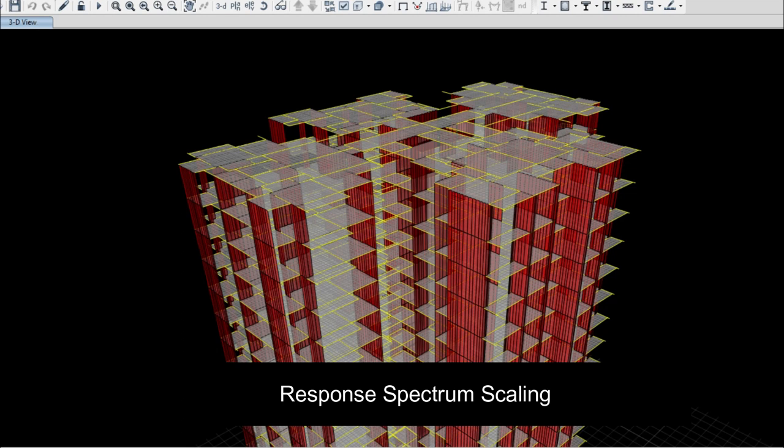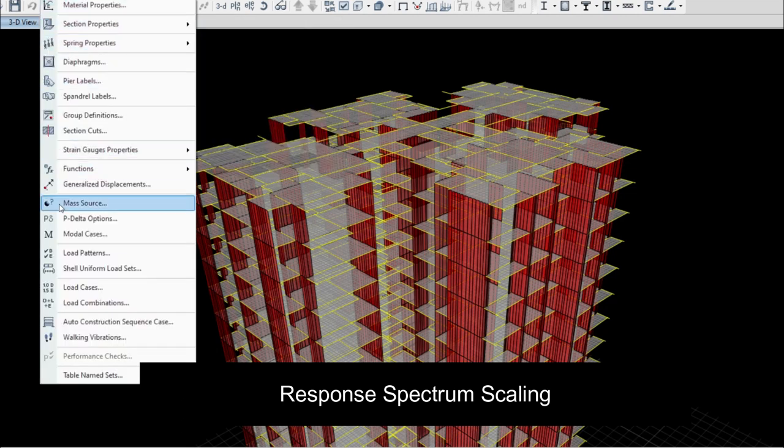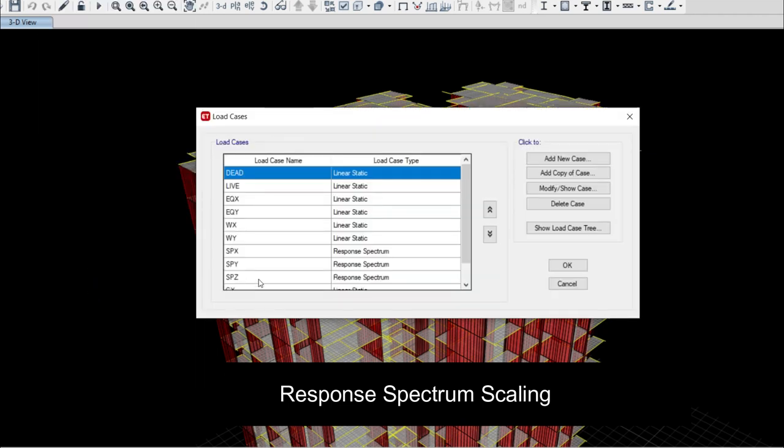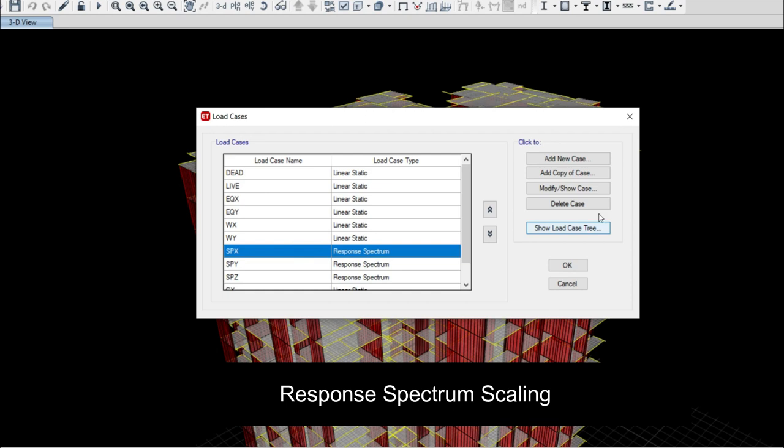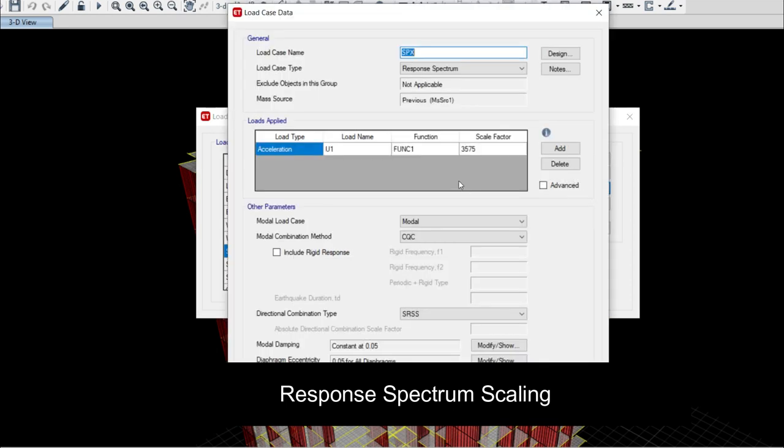Response spectrum scaling is also required. We have already seen that in our earlier tutorials. For spec X, the scale factor, so as to match the base shear with the empirical time period, is 3575.